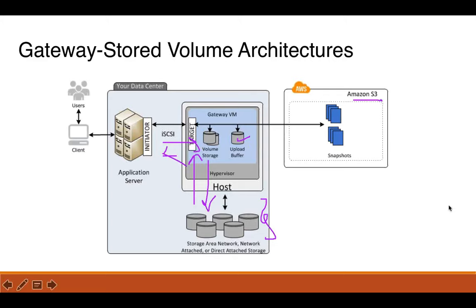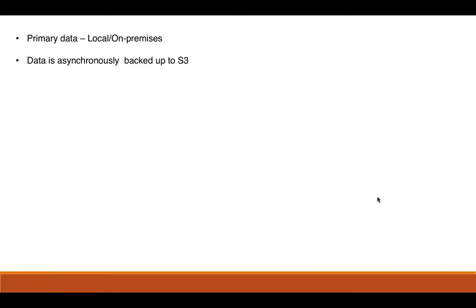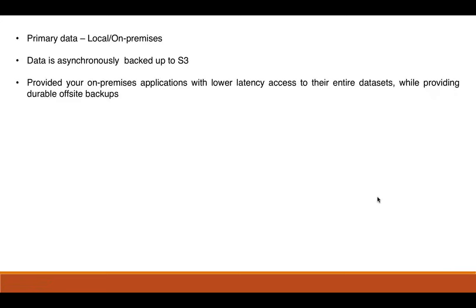So let's discuss the concepts behind it. Here, the primary data is stored locally, on-premises. The data is asynchronously backed up to S3. It provides your on-premises applications with low latency access to the entire data set while providing durable offsite backup.